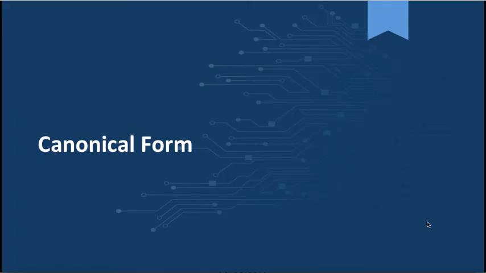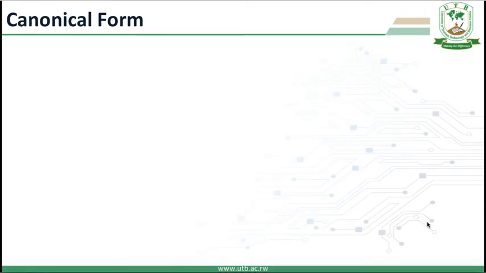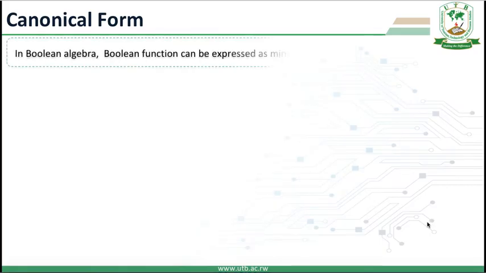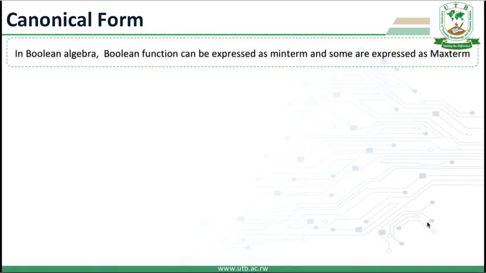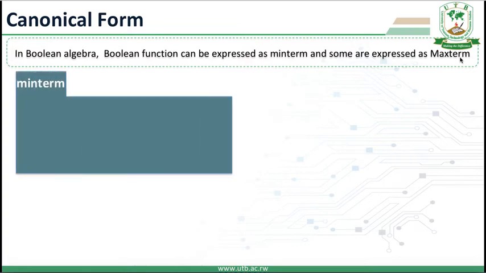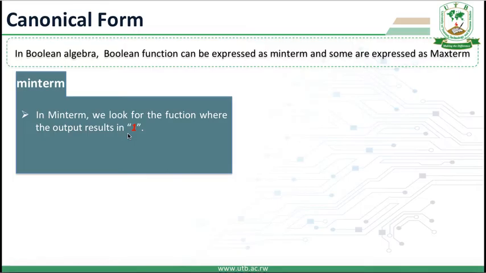Let's see what the canonical form is. In Boolean algebra, some Boolean functions can be expressed as a min term and some are expressed as a max term. What is the min term? In min term, we look for the function where the output results in 1.